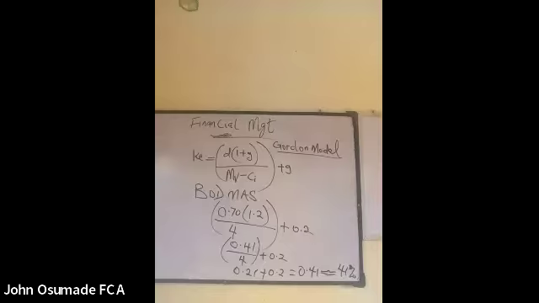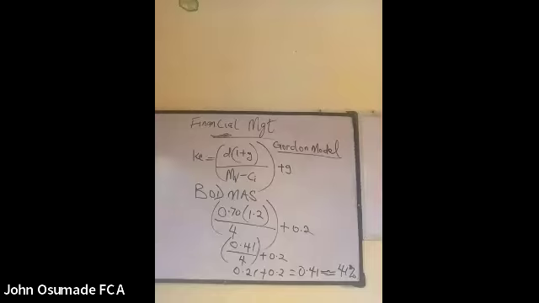So we have ways of measuring your risk using standard deviation. Standard deviation is a way of measuring risk. The higher your standard deviation, the higher your risk. Beta factor is a way of measuring your risk.